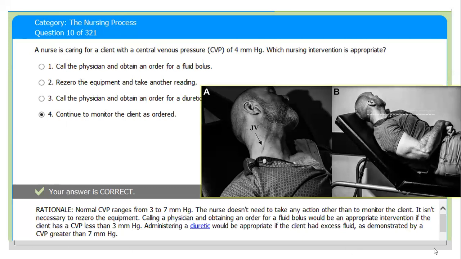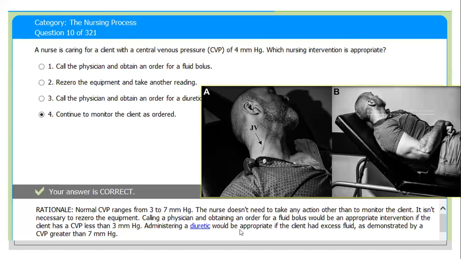The nurse does not need to take any action other than to monitor the client. It is not necessary to gather the equipment, and calling a physician and obtaining an order for a fluid bolus would be an appropriate intervention if the client has a central venous pressure less than 3 millimeters of mercury.